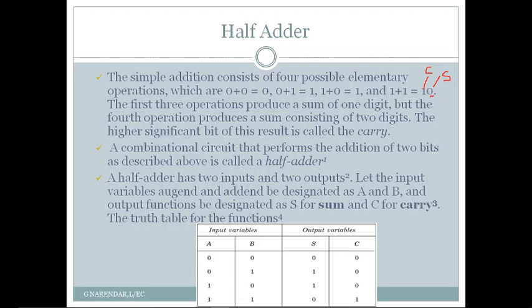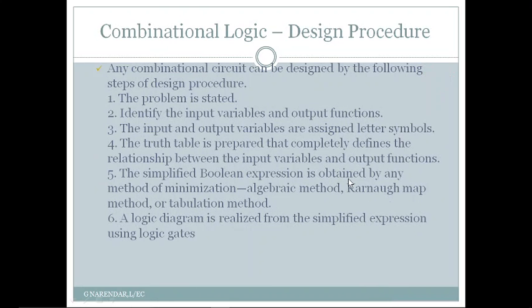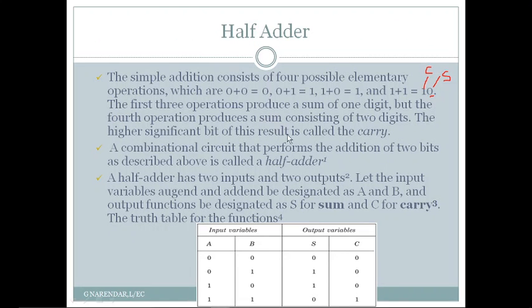Since we want to add two bits, we identify that the half adder has two inputs, and since the result contains carry and sum, the half adder has two output functions, or I say it has two outputs. So this is identifying the input variables and output functions, the second step.